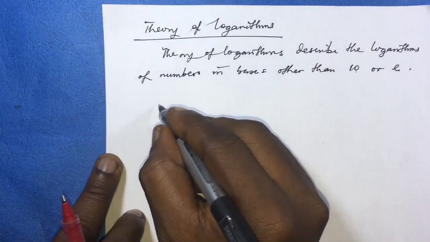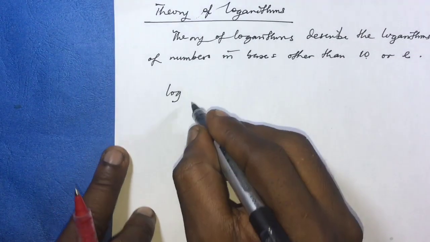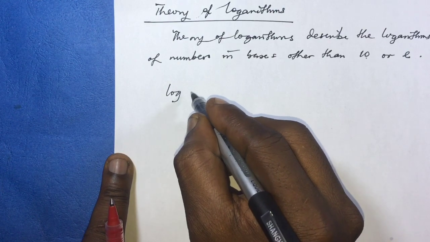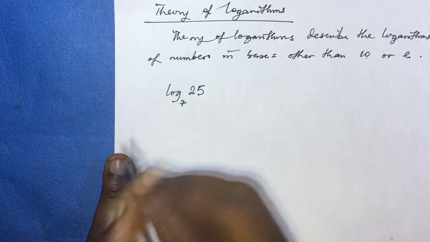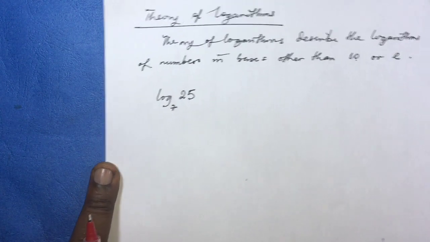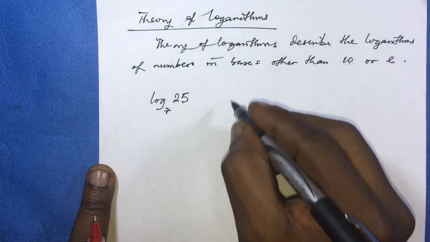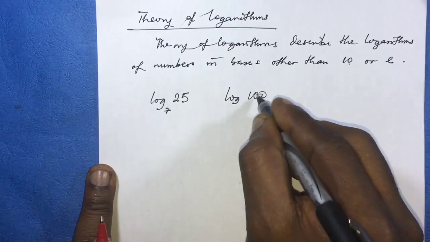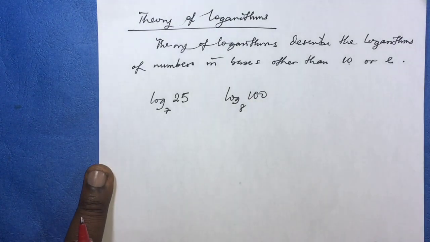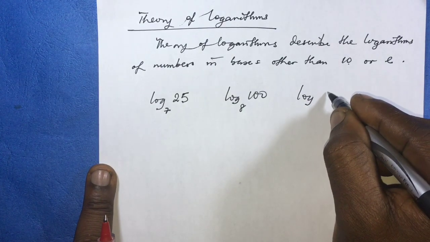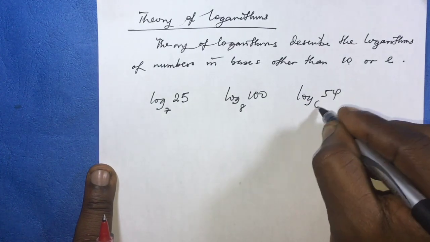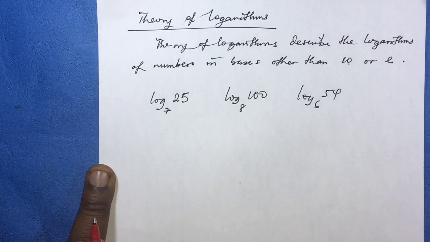What that means is that discussing the logarithm of 25 in base 7 should be treated under theory of logarithms. Discussing the logarithm of 100 in base 8 should be treated under theory of logarithms. Discussing the logarithm of a number like 54 in base 6 should be discussed under theory of logarithms.